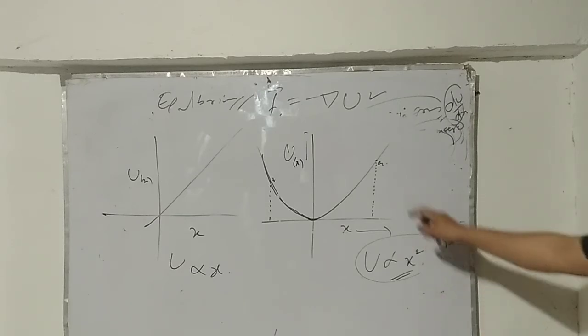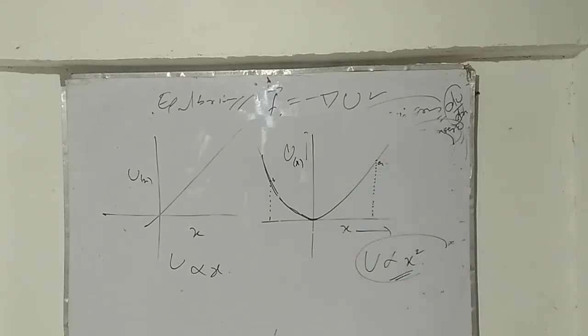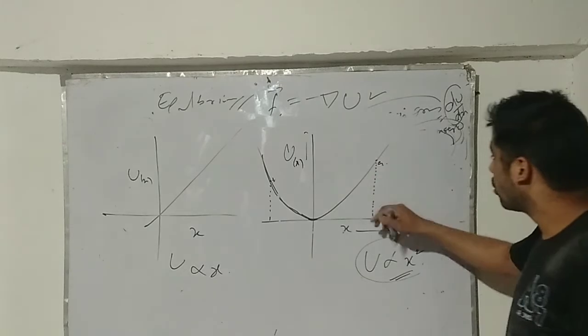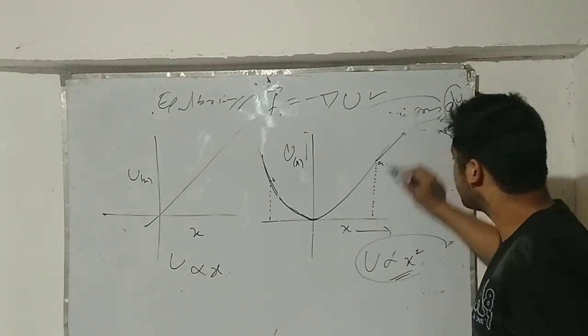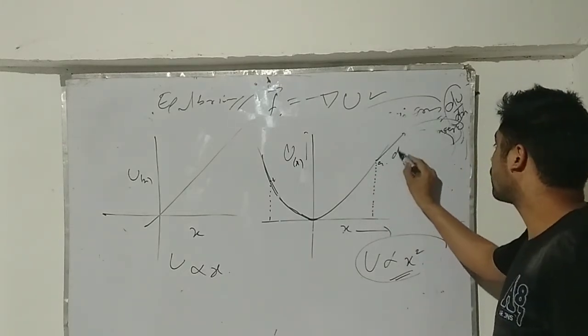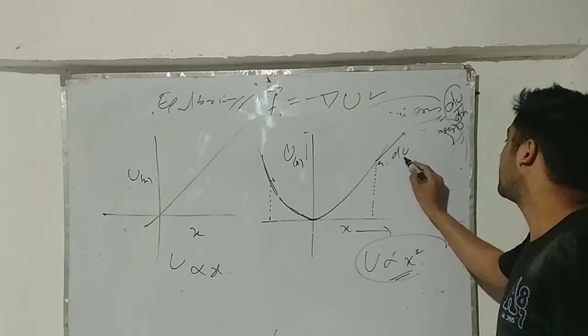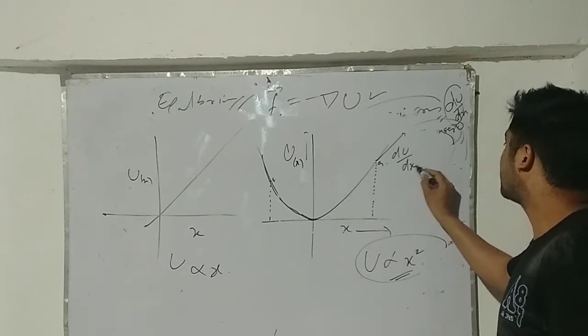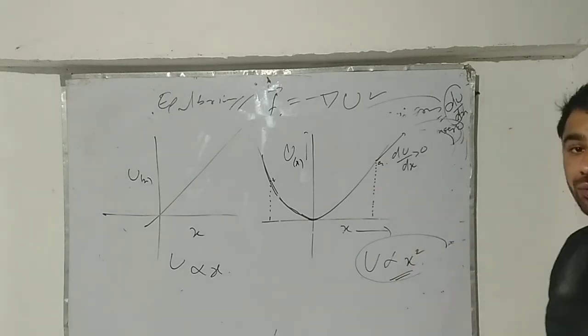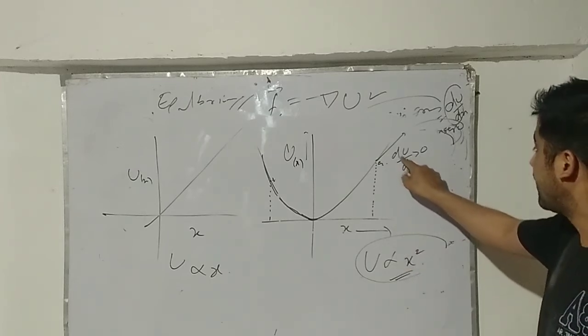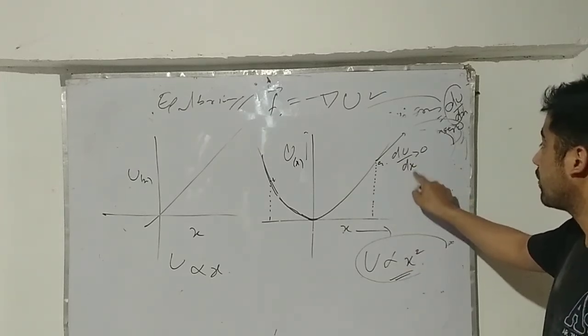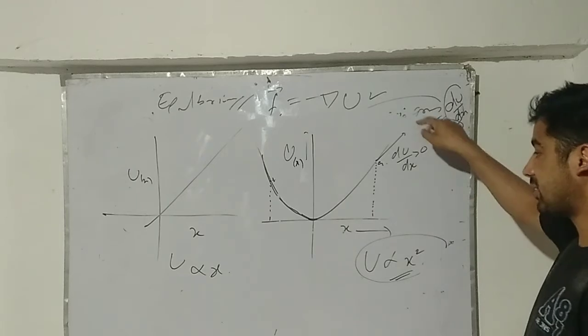Look, if I want to know the slope of the line here, it is in this direction, meaning that the slope of the line is increasing. My du by dx here is greater than 0. When du by dx is greater than 0, it means my slope is increasing.